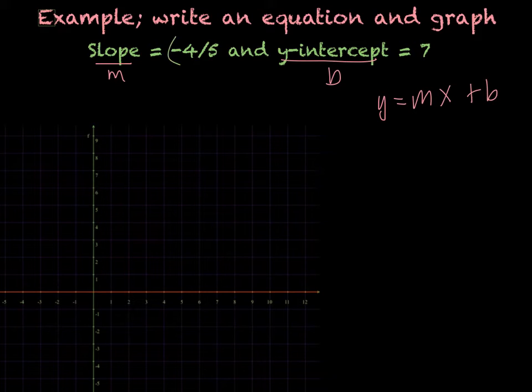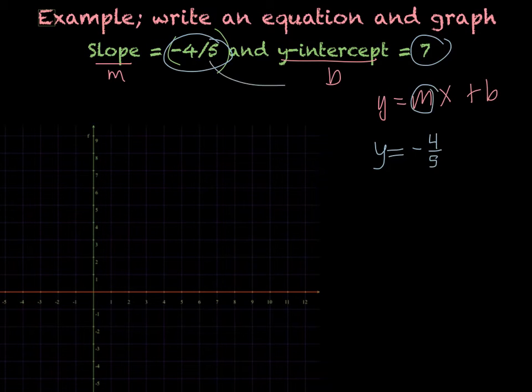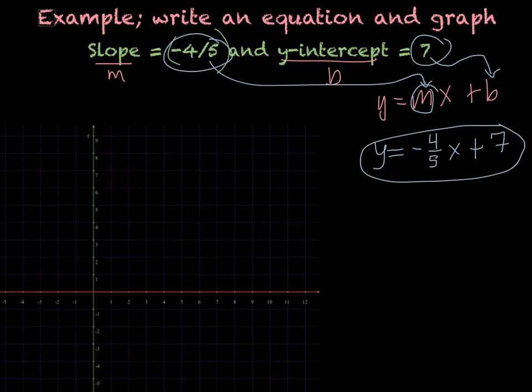Where m is, I'm going to put negative 4 over 5. And where b is, I'm going to put 7. So y equals negative 4 over 5 times x plus my b, which is 7. So that is your slope-intercept form.